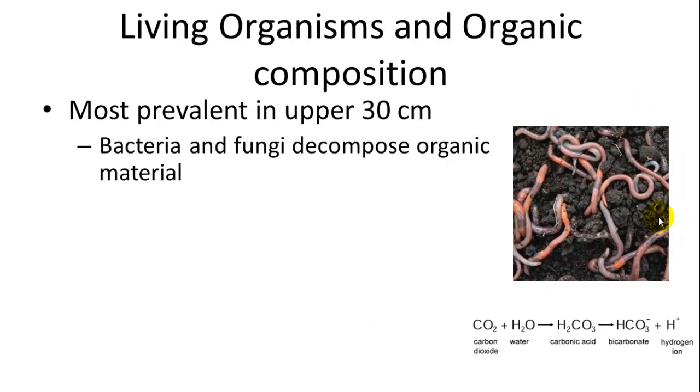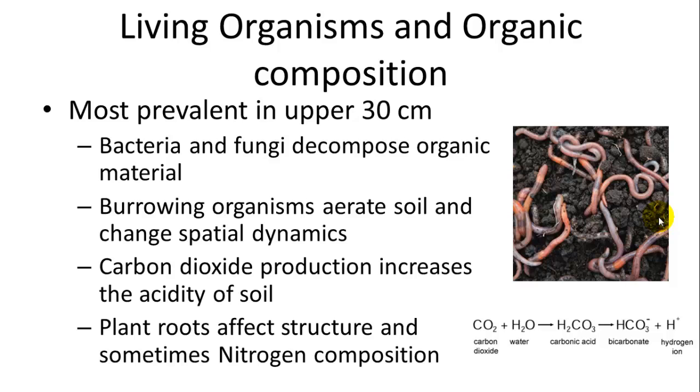Living organisms, of course, and what the organic composition is, can affect the soil. This mostly occurs in the top 30 centimeters of soil. There are lots of different things which affect it. Bacteria and fungi decompose organic and dead material. Burrowing organisms such as earthworms will aerate the soil, and they can break things up and change the spatial dynamics within it.